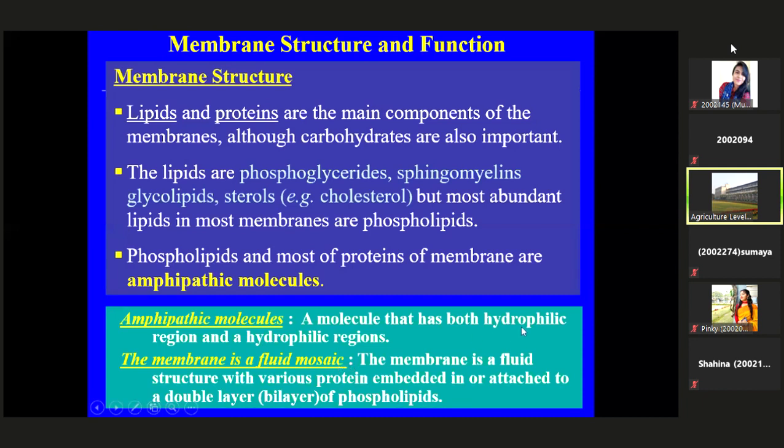Hydrophilic means it loves water, and hydrophobic means it hates water. As it contains two types of properties, hydrophobic and hydrophilic, this component of the phospholipid is called an amphipathic molecule.